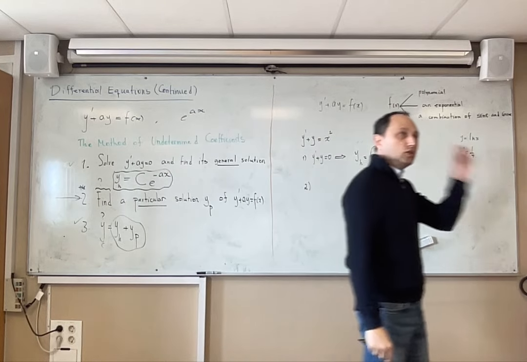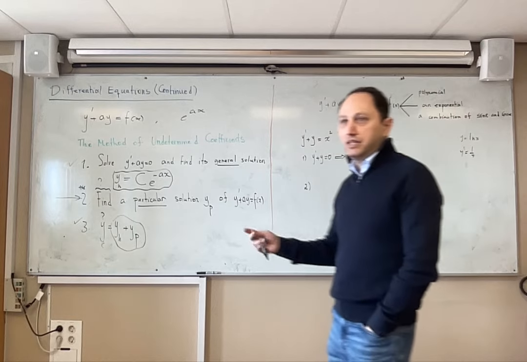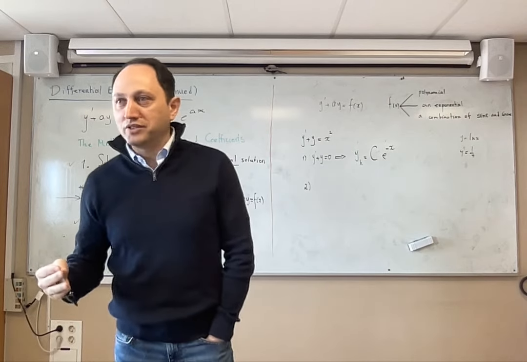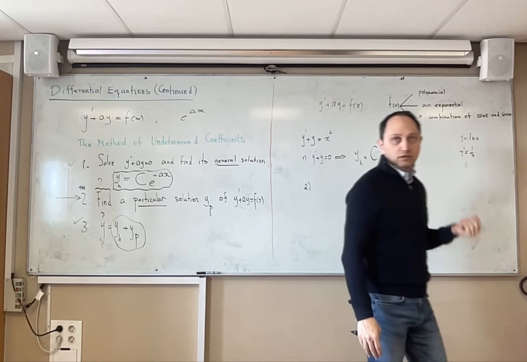But when you say polynomial functions, how many polynomial functions are there? Infinitely many. So we have to narrow it down. Is it useful to look at polynomials of degree 1000? No. Because if I have a polynomial of degree 1000, its derivative will be of degree 999. But what I want on the right-hand side is a degree 2 polynomial.